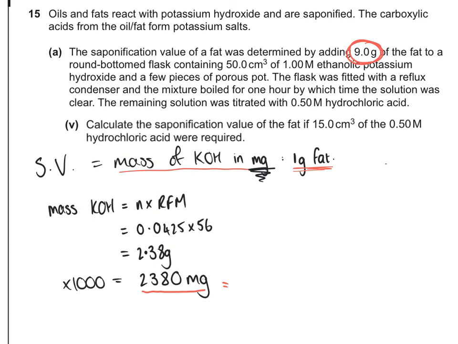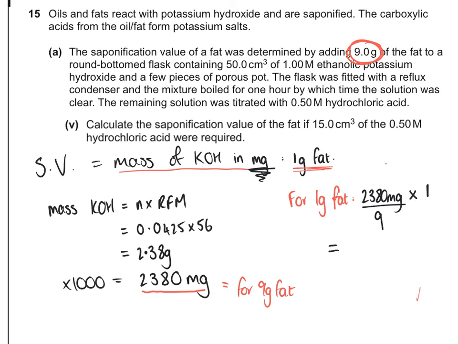So for 1 gram of fat, I simply do 2,380 milligrams over the 9 grams of fat that I did have, or just divide by the mass of fat that you have.